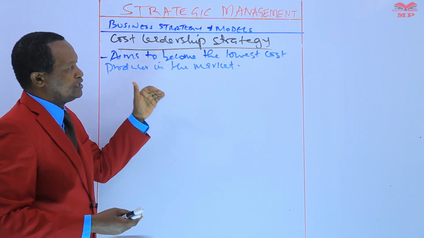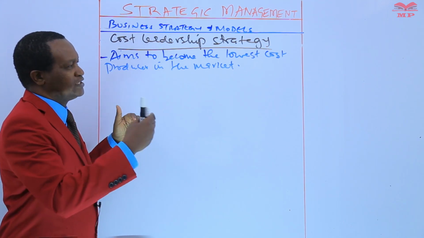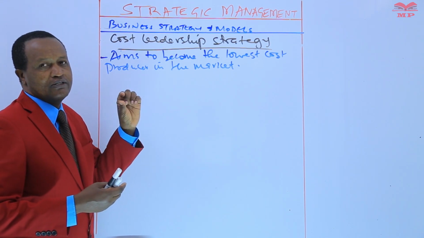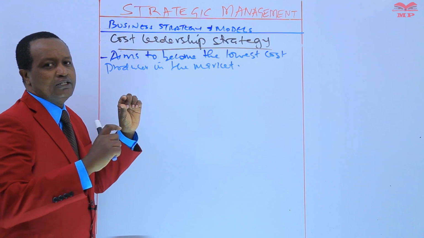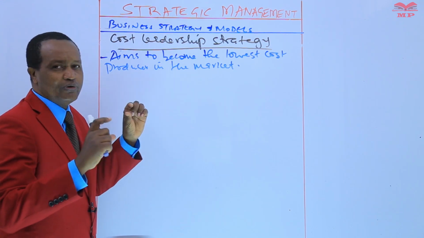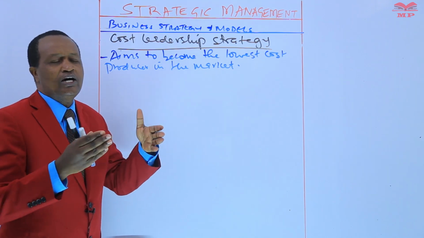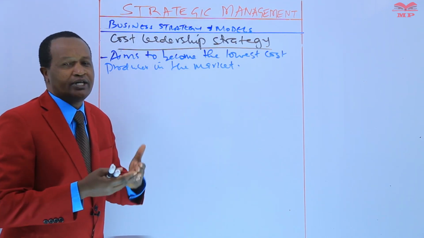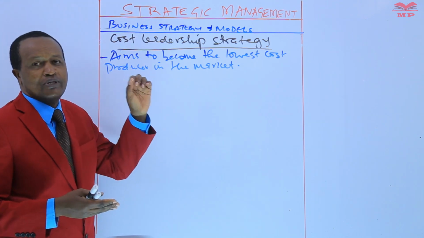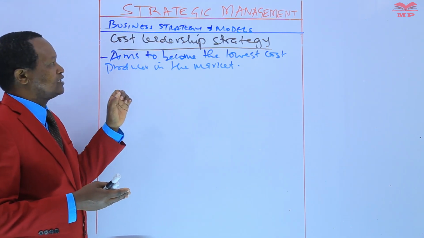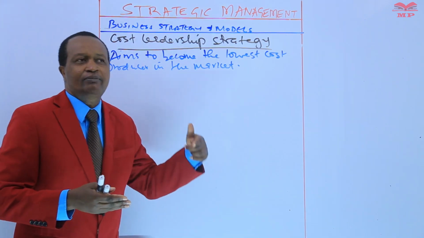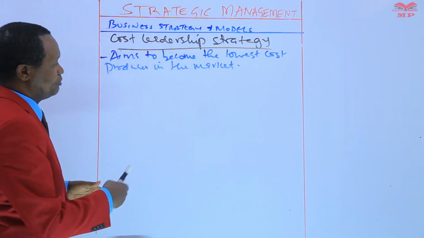It means that the company operates in such a way that it reduces costs so that it may still charge similar prices to the competitors, allowing it to have a higher profit margin. So the prices may be similar, but the lowest cost producer enjoys higher margins as compared to the competitors.